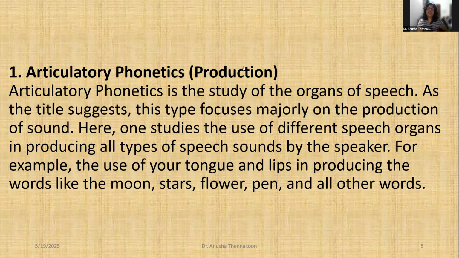So then here you also can pronounce these words and see there are different organs that help to pronounce these words. These organs are actually tongue, lips, teeth, and then the upper part of the mouth, and there are different areas. See, moon.